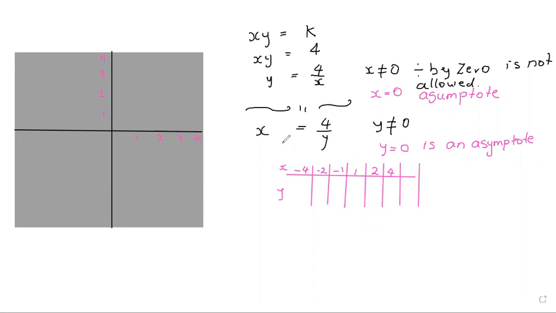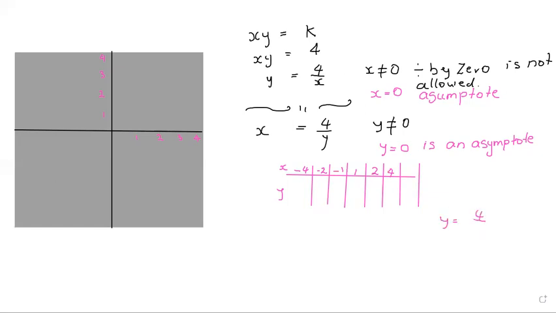Now, if x is -4 here, it's going to be 4 divided by -4. That is to say, y is -1.